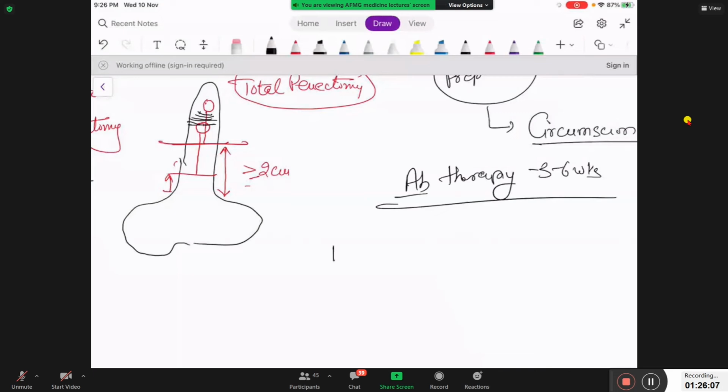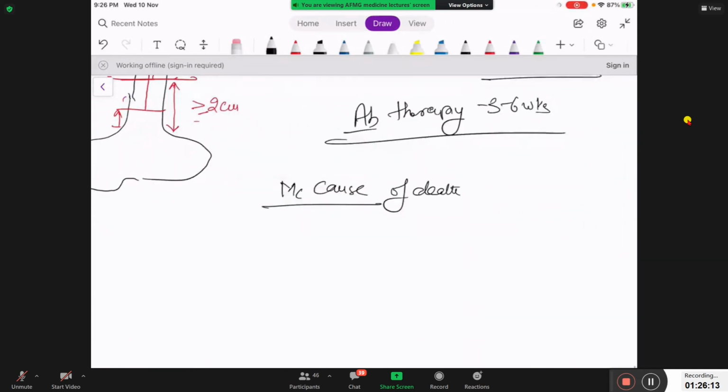And the most common cause of death in penile malignancy is bleeding. Is bleeding due to femoral artery blowout? A question asked.